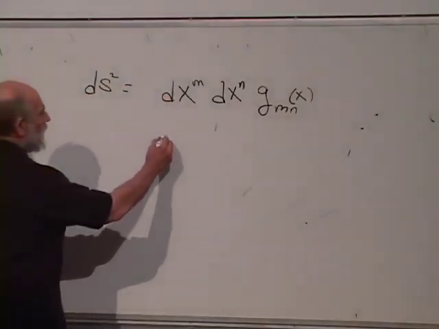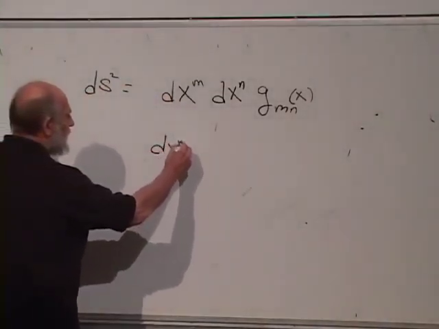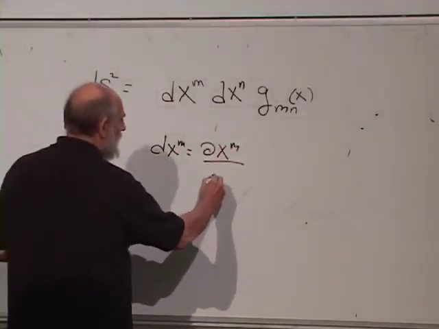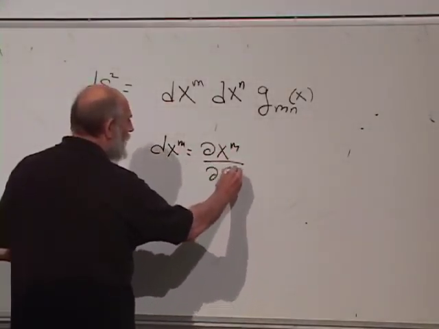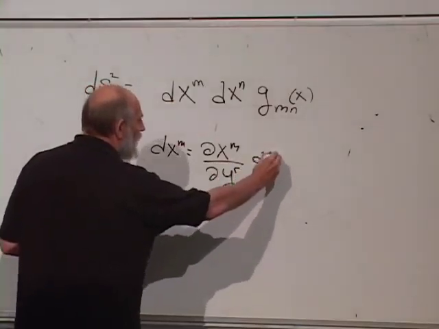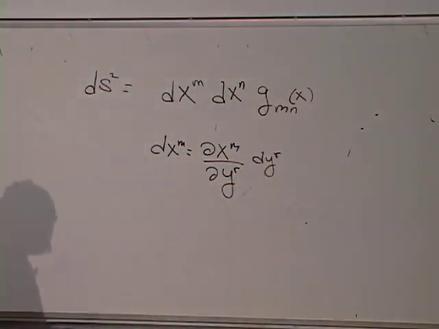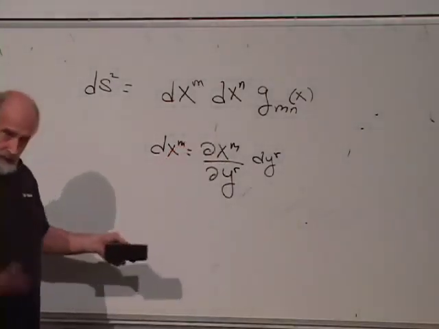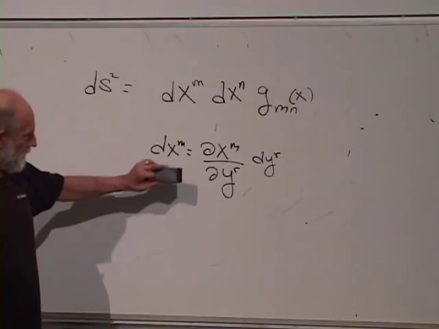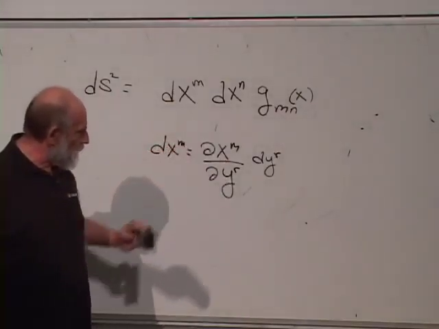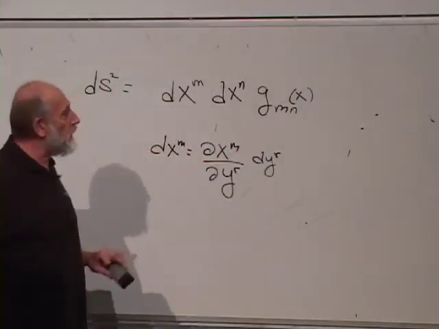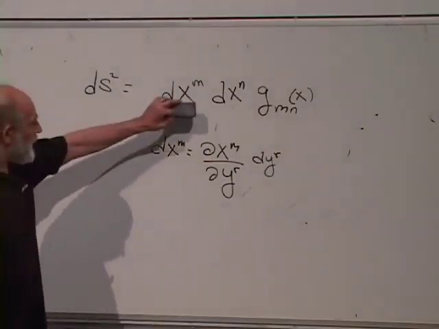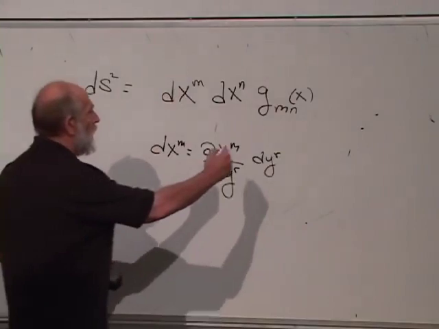So all we need to do is write that dx^m is equal to the derivative of x^m with respect to y^r times dy^r. The differential displacement in x^m is the derivative of x^m with respect to y^r times the differential displacement in y. If I plug that in for both dx^m and dx^n, what will I find?